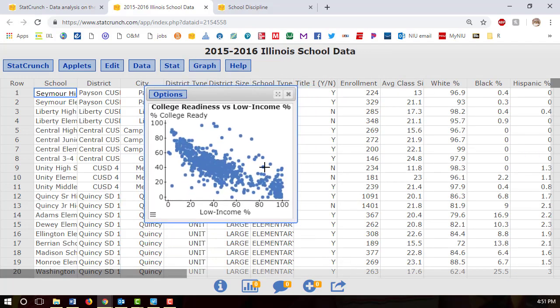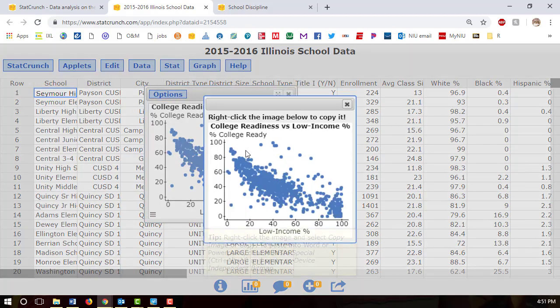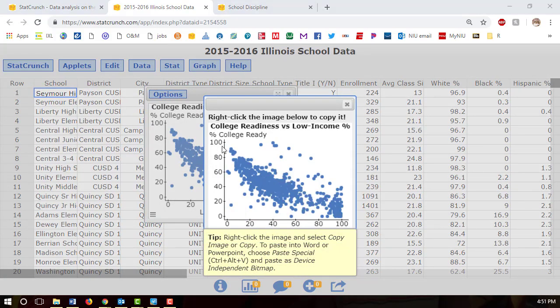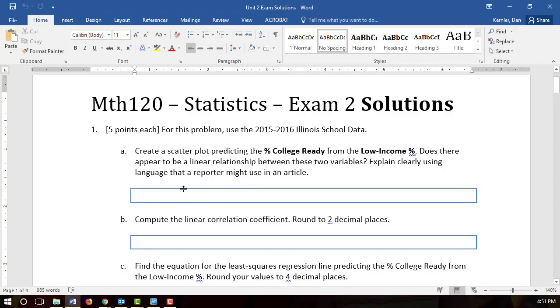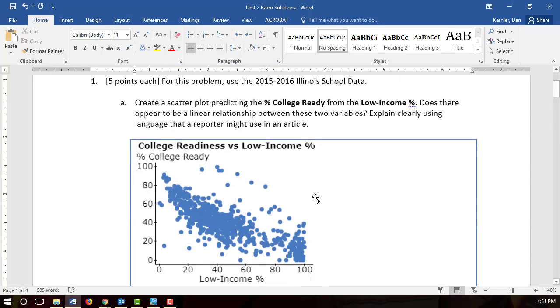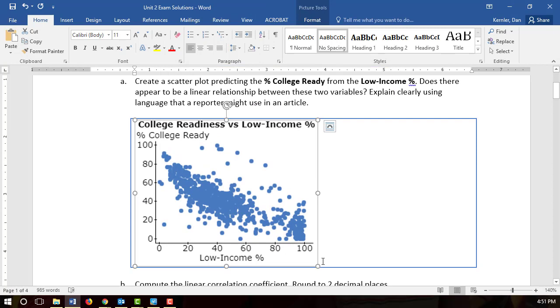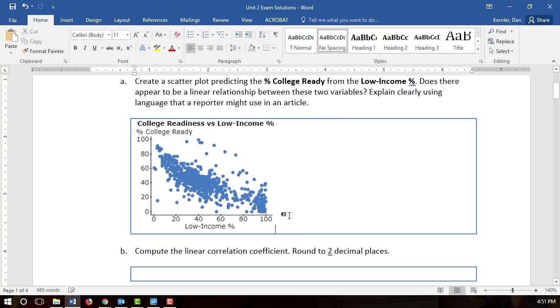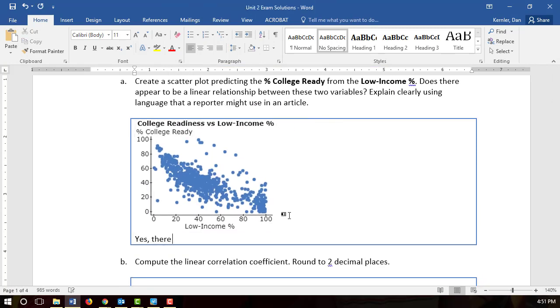A nice little graph. Options, copy, copy image, and then do our paste special. There we go. All right, so looking at that, definitely a linear relationship. And notice here I said a little differently, explain clearly using language that a reporter might use in an article.